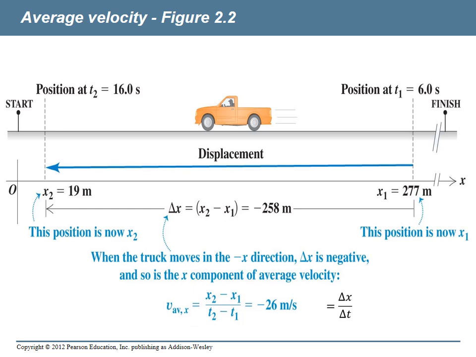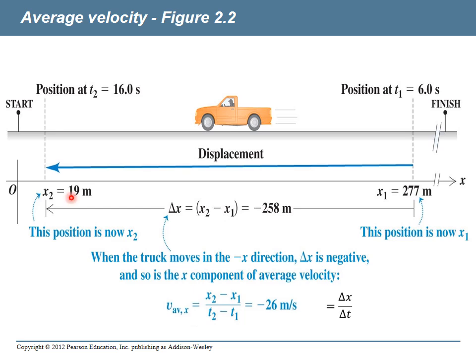So the definition of the average velocity is the change in, since we're talking about just one dimension, the change in x. That's going to be x2, our final position, minus x1, the initial position, divided by the time that elapsed between the two, t2 minus t1. So in order to get delta x, where delta means change, delta x is x2 minus x1.